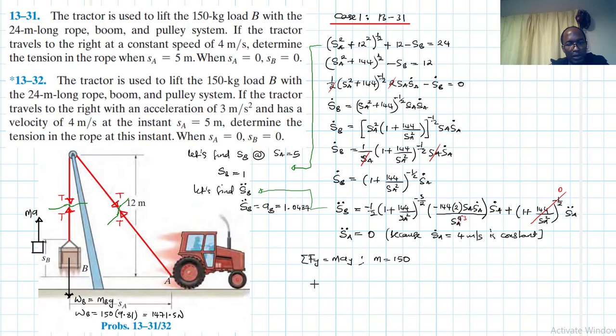So then we are going to have T minus WB equal to MA, and then we have T minus WB is just 1471.5, right? 150 by 9.81, 1471.5, and this is just equal to 150 by AB, and we know our AB is just equal to 1.0487.